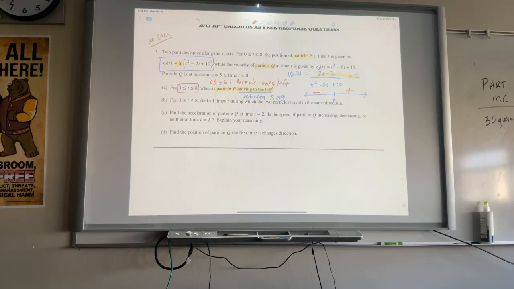Okay, you guys, how do we know when the particles travel in the same direction? Either they're both left or they're both right, yeah? They're either both going positive or they're both going negative. Now, over here, do I have to take a derivative of that? No, that's already velocity of q, right? That's nice. So, if I were to factor that, what would I get?